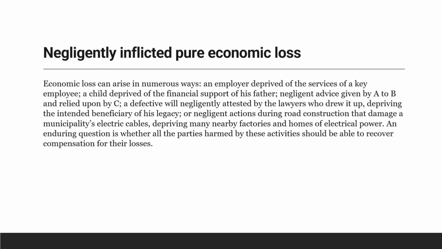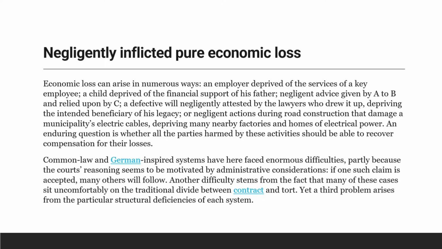An enduring question is whether all the parties harmed by these activities should be able to recover compensation for their losses. Common law and German civil law systems have here faced enormous difficulties, partly because the court's reasoning seems to be motivated by administrative considerations.